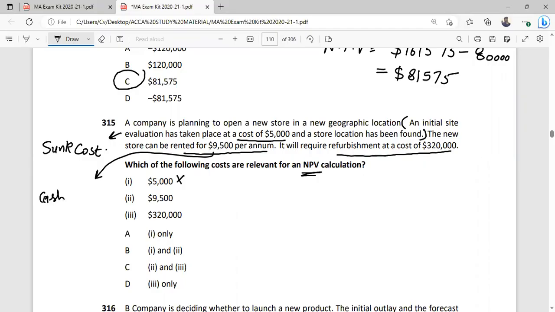It will arise if we make the investment decision. So that's why it is a relevant cash flow, and refurbishment is a relevant cash outflow, or we can call it initial investment. So option number 2 and option number 3 are the relevant costs. C is the correct answer, that these two costs are the relevant costs. Understood?